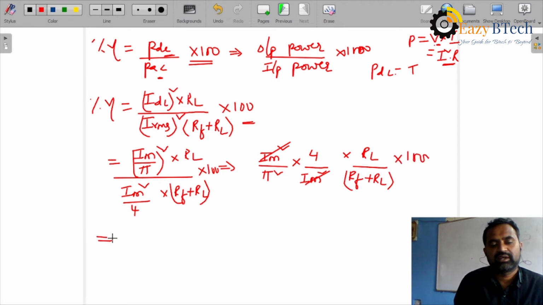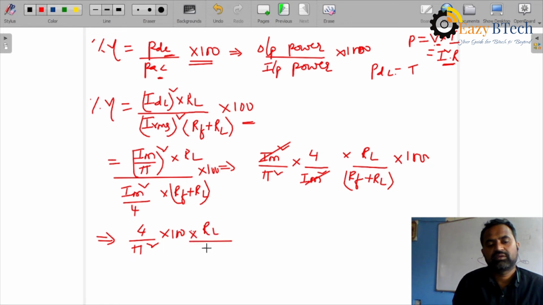This we will write as 4 by pi square into 100, RL by RF plus RL. This we will get 40.6.